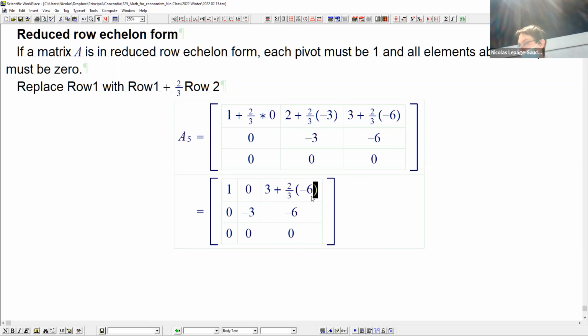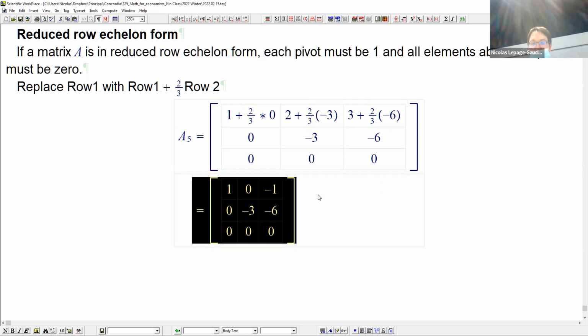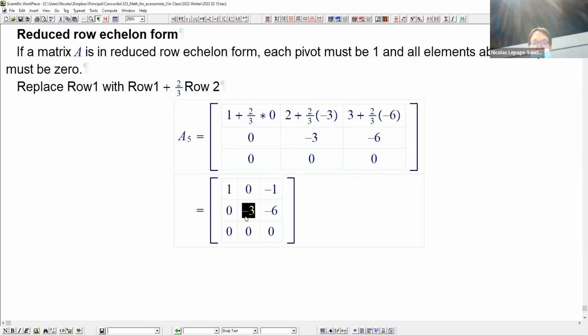Yeah, so minus 3, I think, or minus 1. And then let's just replace minus 2.